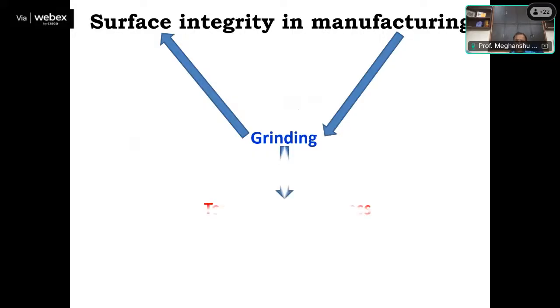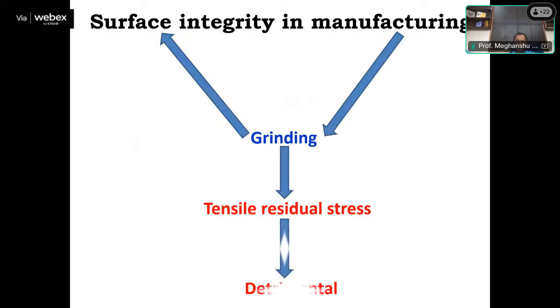So the main cause of poor surface integrity or poor quality of the manufactured component upon grinding is induction of tensile residual stress. This tensile residual stress is detrimental to the service life as well as the fatigue life of the component.